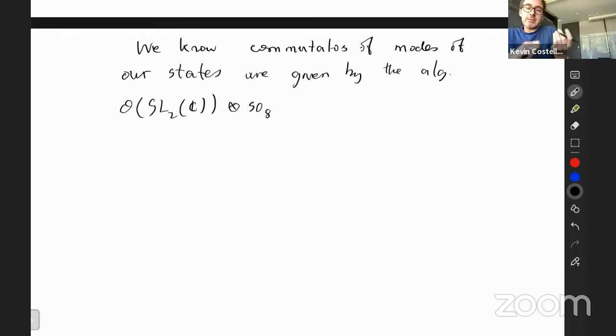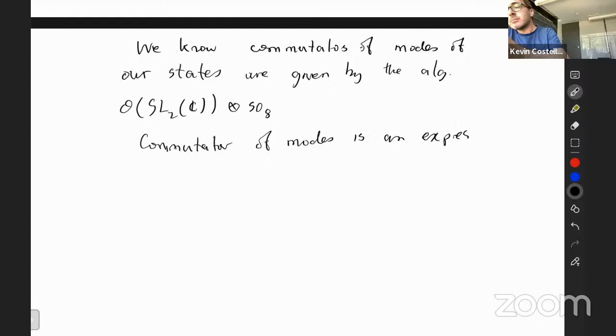Now, if I take any chiral algebra, the commutator of modes is some expression in terms of the OPE coefficients.